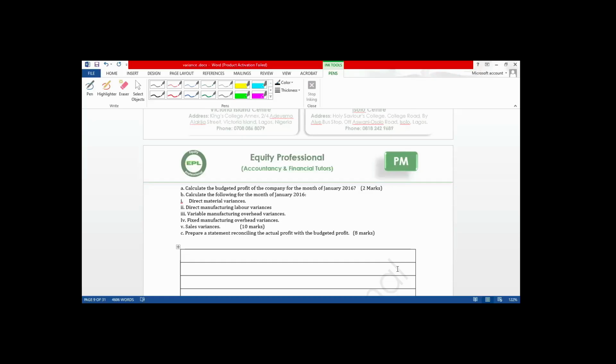Requirement A says, calculate the budgeted profit for the month of January.